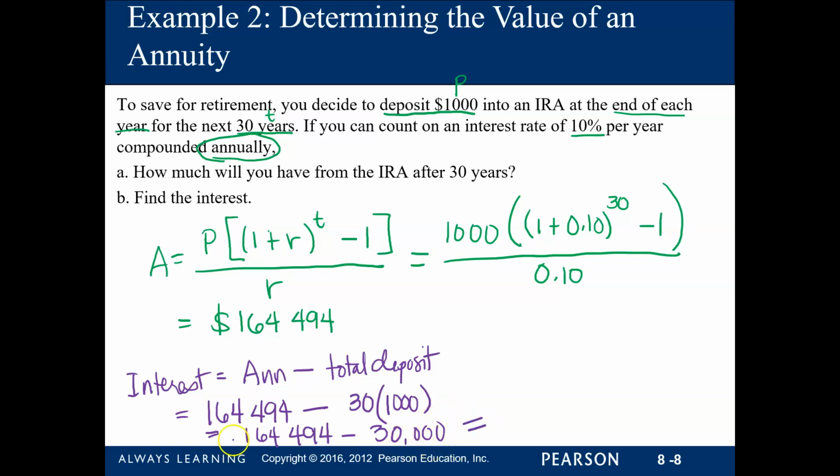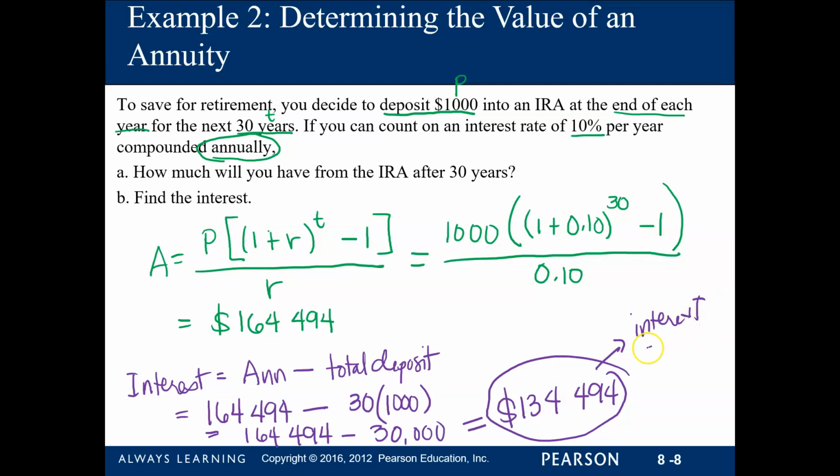But if you take a look, you subtract 164,000 by 30,000, the interest earned is $134,494. This is the interest earned. And as you can see, how much did you pay out of pocket? You only shelled out 30,000, but the interest you earned was almost 4 times the total deposit, for 30 years.